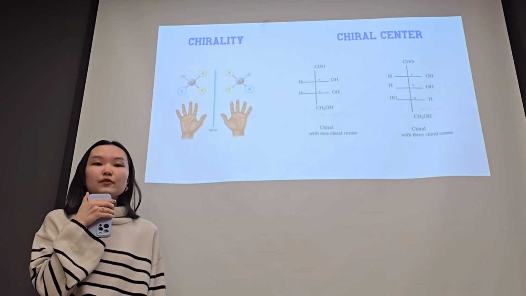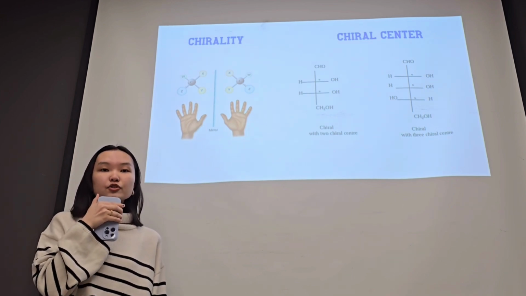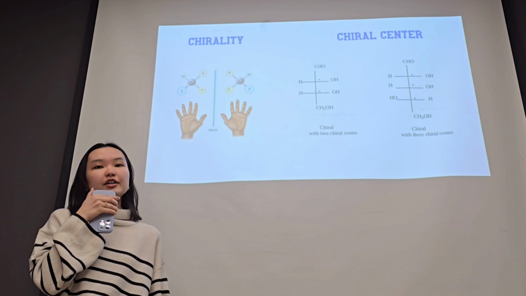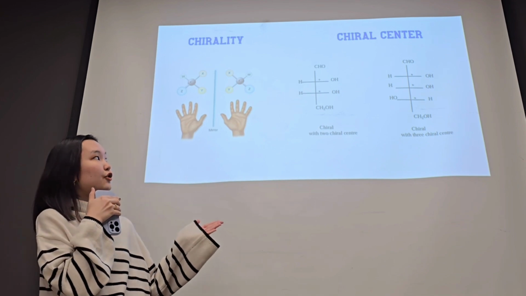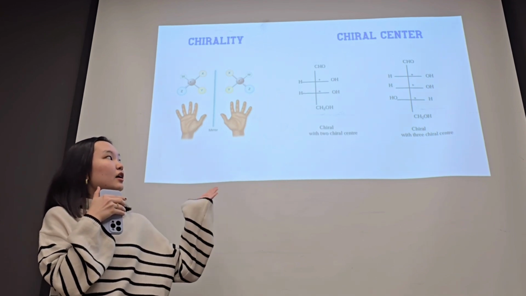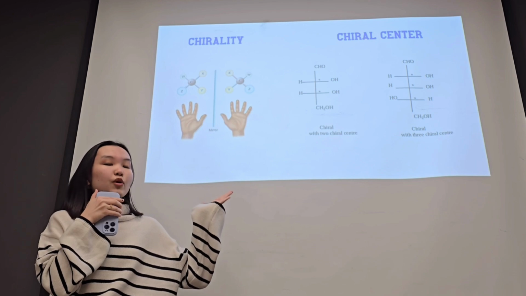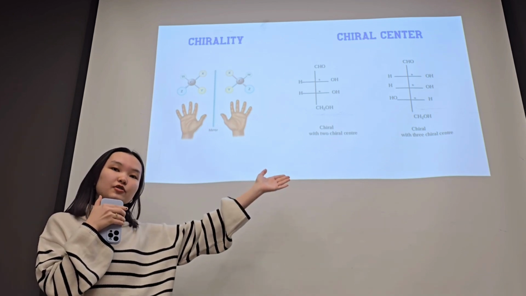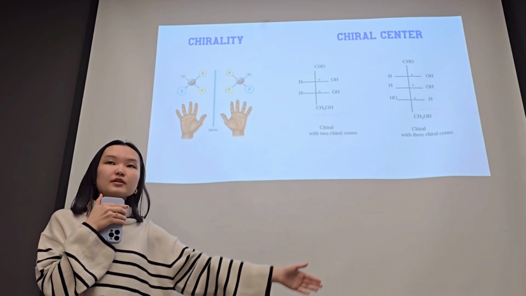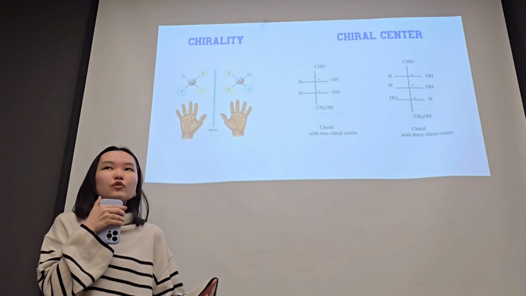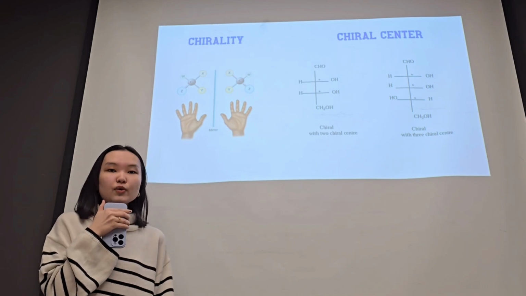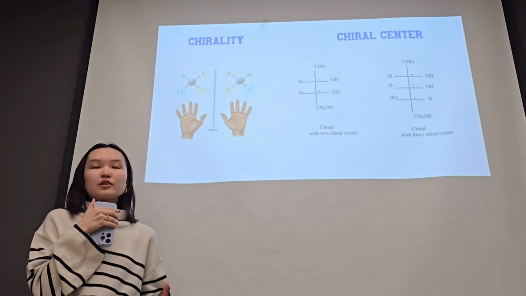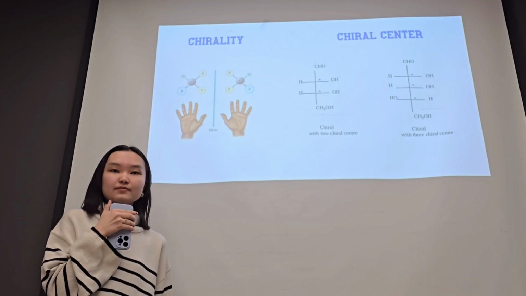Compounds have chiral centers, and for example, here we have an image of a compound with 2 chiral centers and with 3 chiral centers, and it can be more or less. So that's all. The next part will be explained by Lagyl.